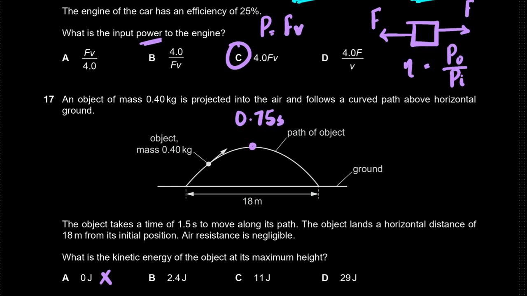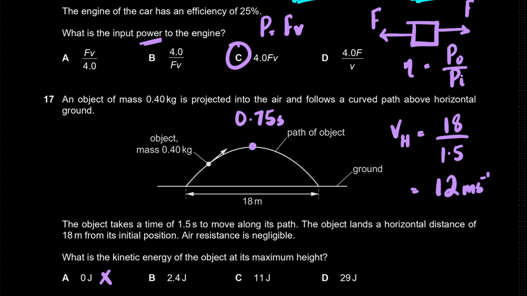The idea is this, that if it travels a horizontal distance of 18 meters and it takes a time of 1.5 seconds to go from here to here, I can calculate its speed, which is basically going to be the horizontal component of its velocity. So distance over time, because in the horizontal component there is no acceleration, right? So 18 over 1.5 turns out to be 12, and now I know that this is 12 meters per second throughout, right? So at the top there's going to be just the 12 of the horizontal velocity.